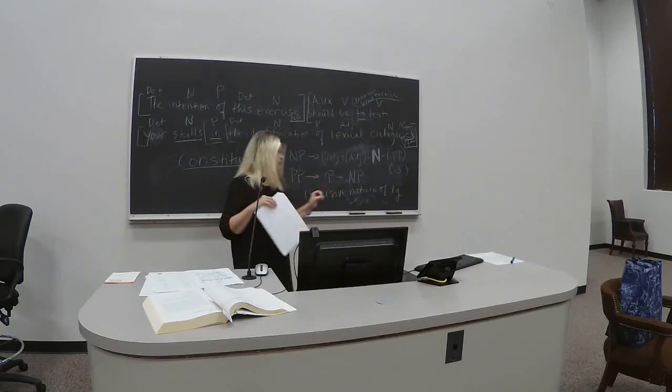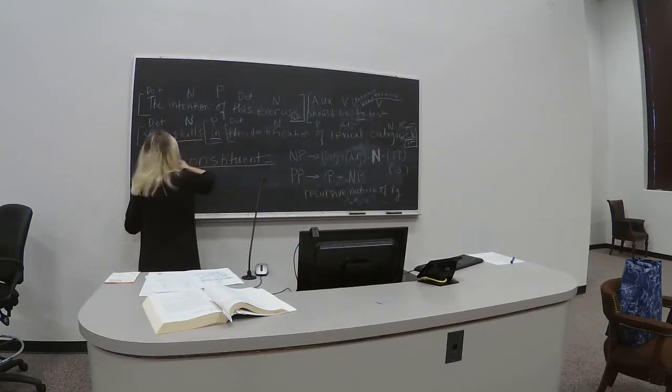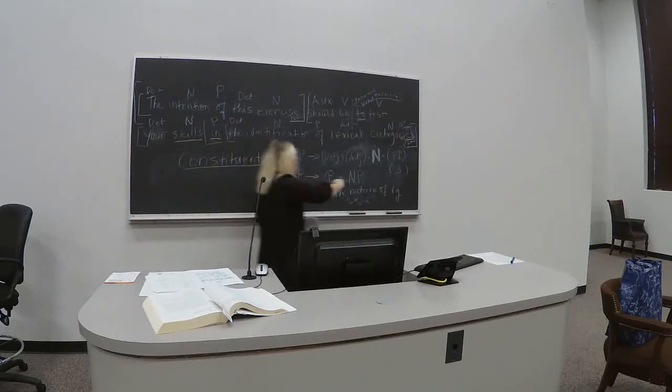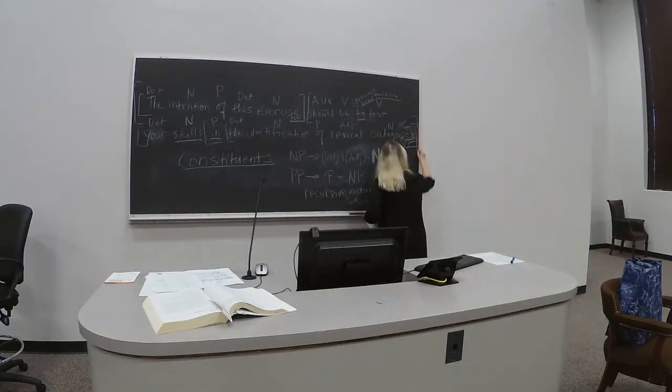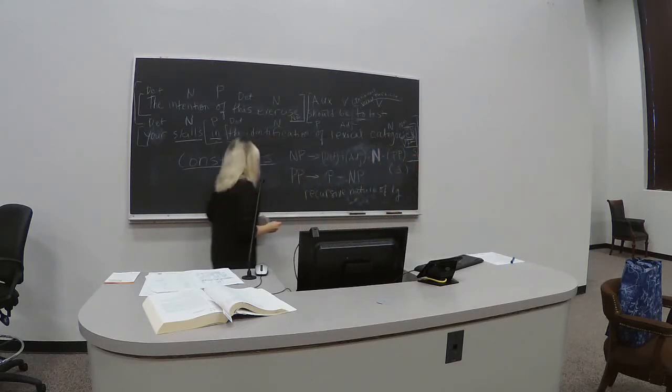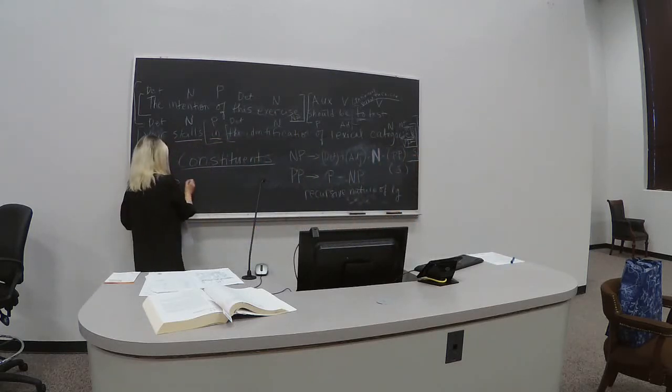We have a big structure, this whole thing, this entire long sentence is of course where we start from, and that's referred to as the S. So that's the first rule.